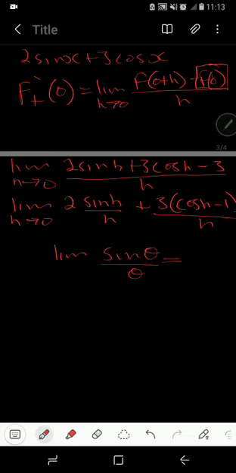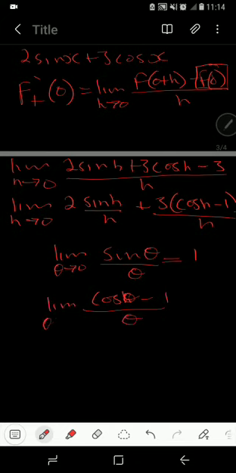So following the rules, sine theta over theta, when the limit as theta approaches 0, is equal to 1. And cos theta minus 1 over theta, when the limit as theta approaches 0, is equal to 0.